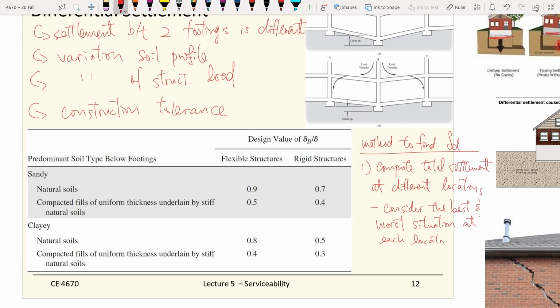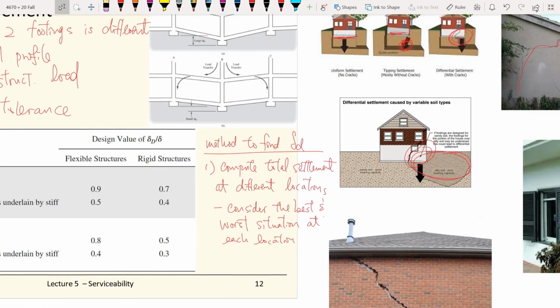So very likely you use this method because the soil profile is different. Based on different soil profiles or different structural loading combinations, if the loading is not uniform, then at different locations you will be able to compute the settlements. For example, the soil properties here have a different C sub C. For example, this is a primary consolidation issue, so you have a different compression index right there.